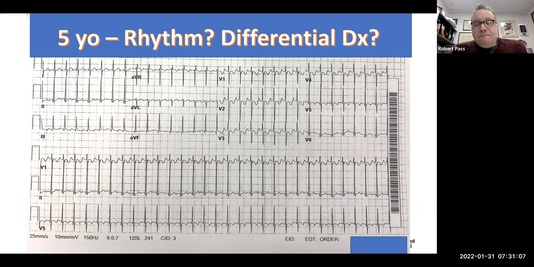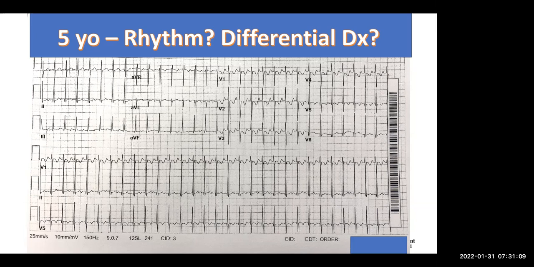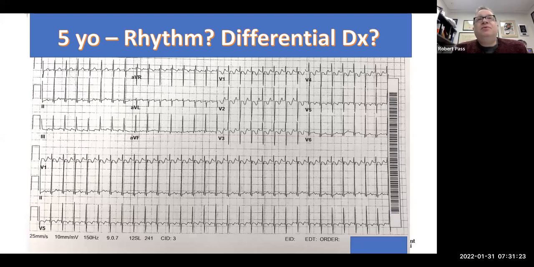So you go from atria to AV node to the ventricle, and then you go back from the accessory pathway through the AV node and come back. Wait, what do you mean back to the ventricle? What do you mean back through the AV node? You just came down through the AV node.